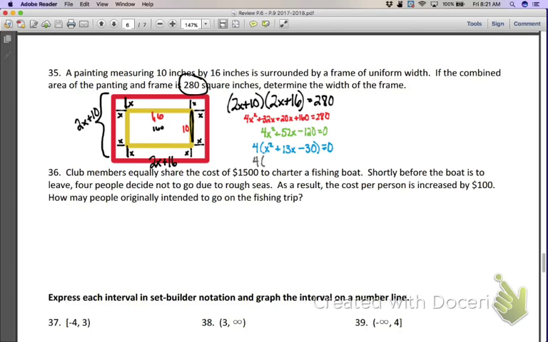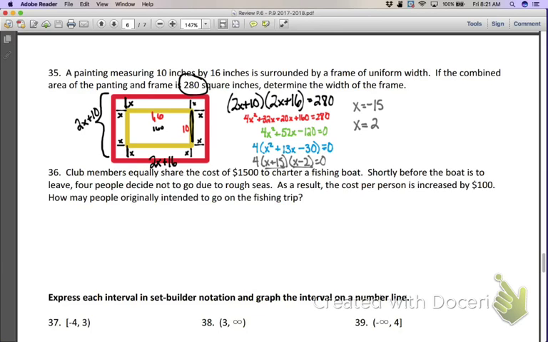Yeah. So x plus 15 and x minus 2, each one gets set equal to 0, so I have x equal to negative 15 and I have x equal to a positive 2. Well, what's the problem with that?